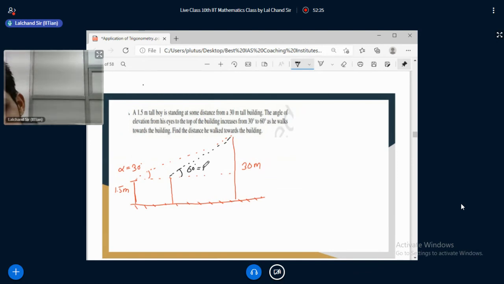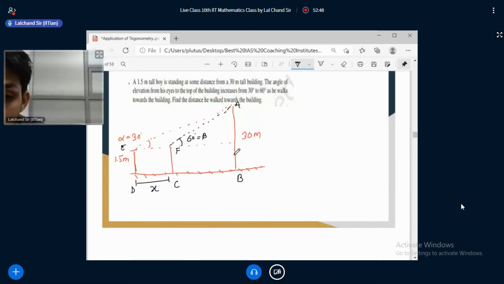Let's suppose this angle is beta. Okay, so we need to calculate this distance, this x distance. Okay, so let's suppose this point is A, this is B, C, D, E, and F.